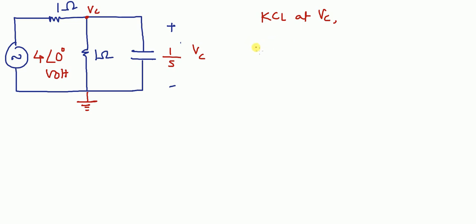So it is basically current leaving must be equal to current entering. So let us assume that this Vc is at higher potential. So current will leave from Vc to ground. So Vc by 1, and then one more current is leaving Vc to ground, and that current is Vc over 1 by s.